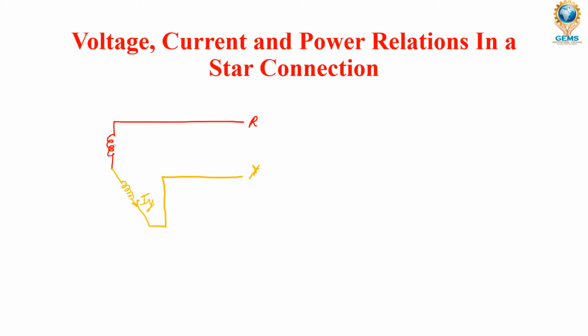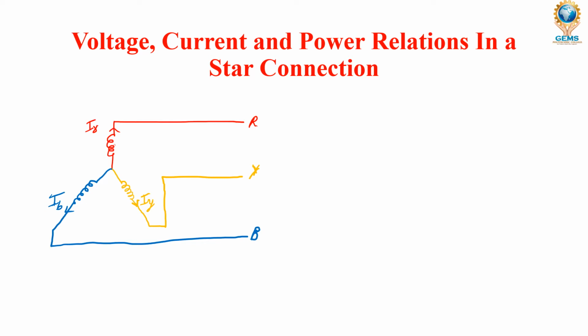This is the phase current, and the current flowing in this R phase is Ir, small r. This is the phase current. Next one is B phase. The current flowing through this B phase is IB. These are the phase currents.